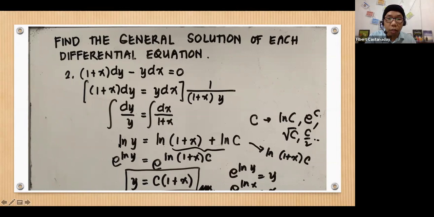So integrating this equation will give us ln of y, and on the right-hand side, you have ln of 1 plus x. Again, your solution should be simplified. Since the dependent variable, the unknown function, is not in its simplest form, it is inside ln of y.